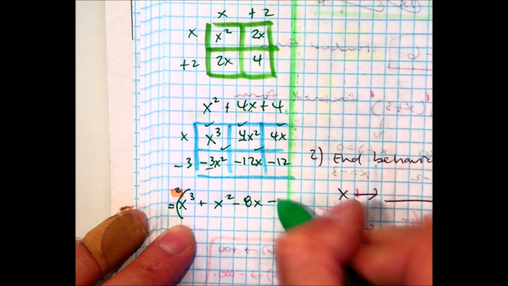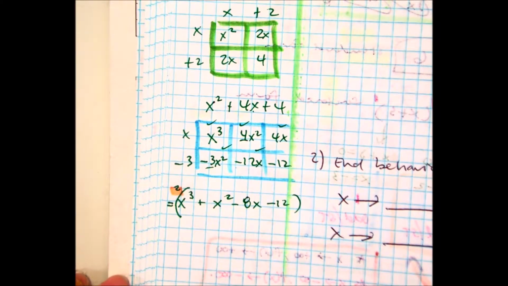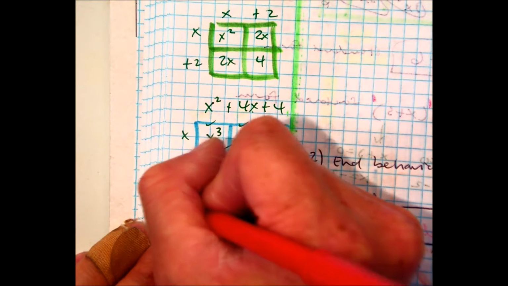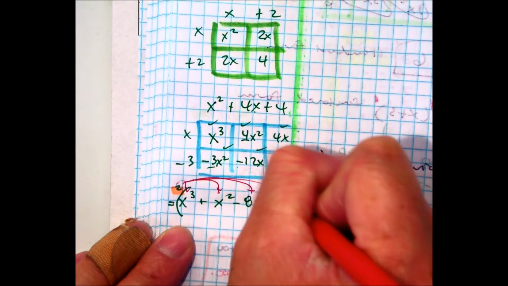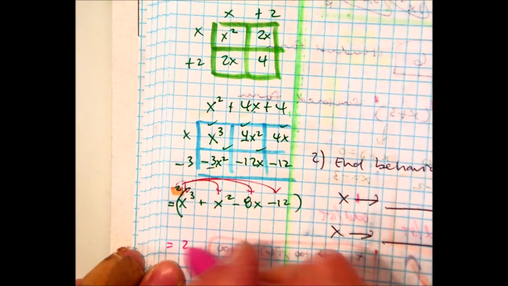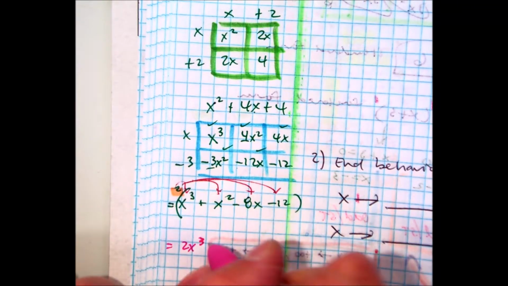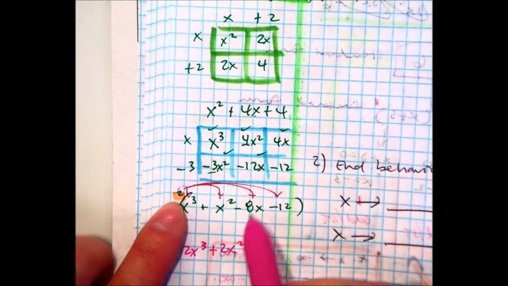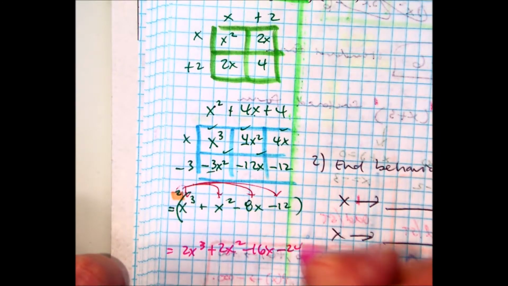And then minus 12. And then we're going to distribute that 2. That was supposed to be a 2 right in front, so 2 times 1 gives us 2x to the third. I'm just multiplying the number in front. Plus 2x squared minus 16x minus 24.